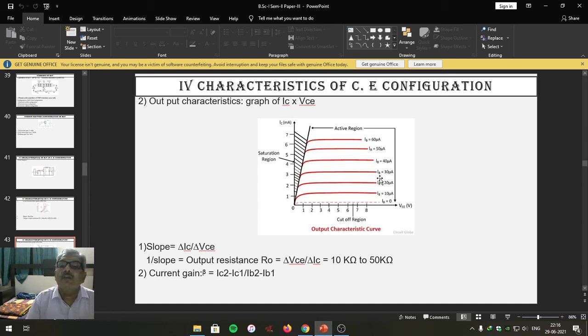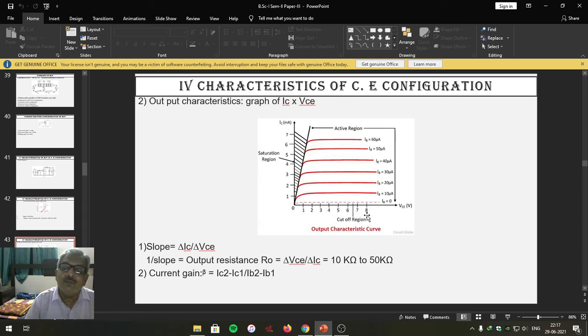Friends, the entire output characteristics of BJT again represent the working of BJT. Look at here. The region below IB equal to 0 microampere, that graph is represented with a dotted line. This below region is called the cutoff region.